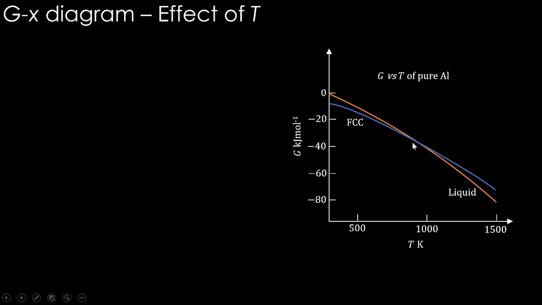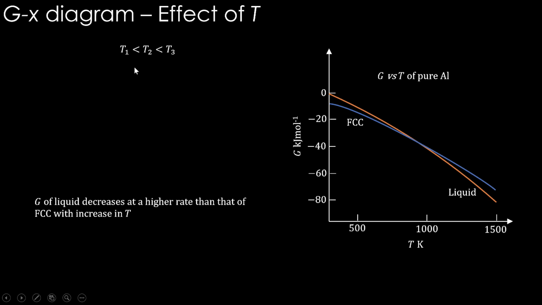This is the reason why they intersect, and there is a melting point beyond which only liquid becomes stable and below which only solid is stable. Right? So G of liquid decreases at a higher rate than that of FCC with increase in temperature. This is what we have seen for single elements.